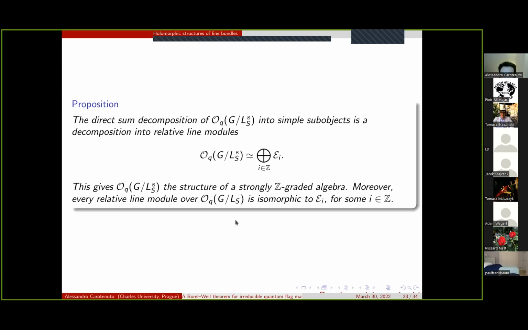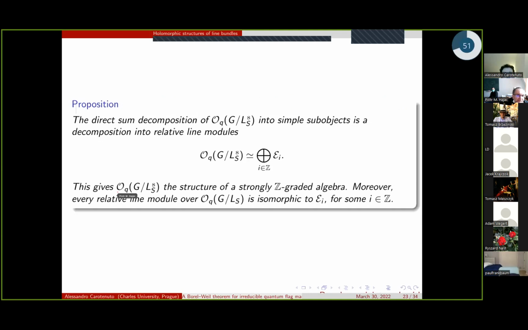Moreover, every relative line bundle over the quantum flag manifold is isomorphic to one of the objects appearing in this decomposition. So now we know that every line bundle, which are the objects we are ultimately interested in, over the quantum flag manifold is contained as a direct summand in the Poisson homogeneous space.